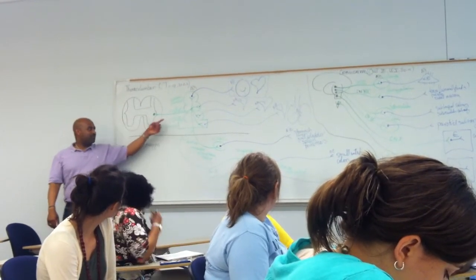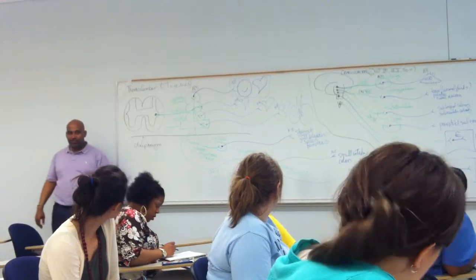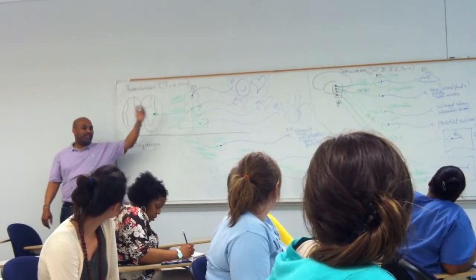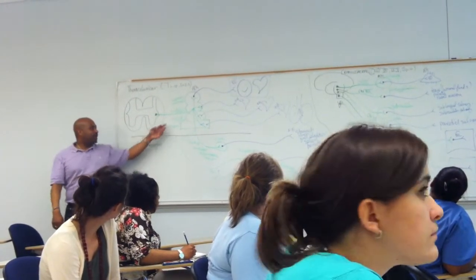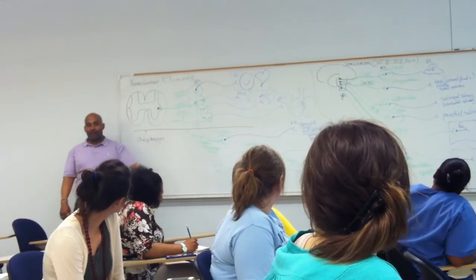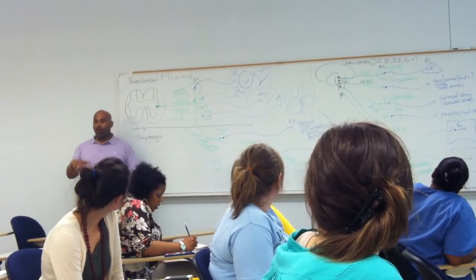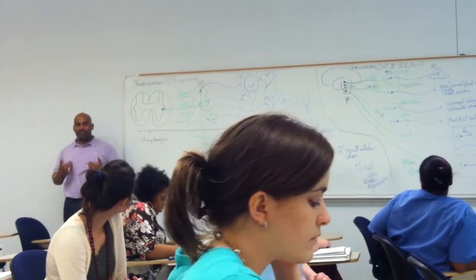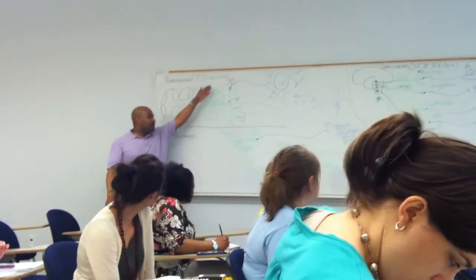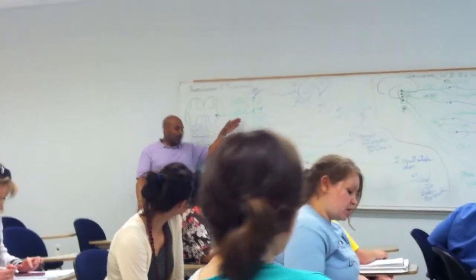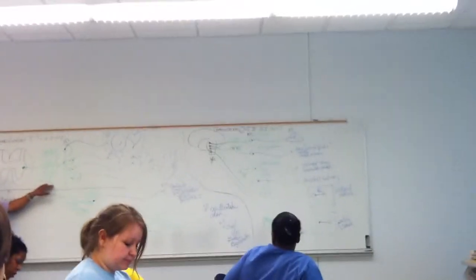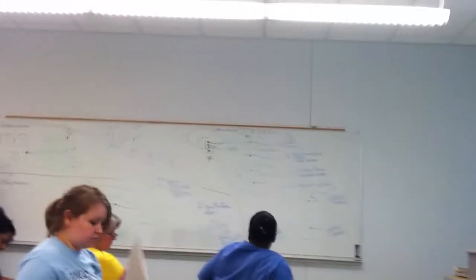If it synapses in the inferior cervical, the postganglionic extends to the heart. If it synapses in the thoracic, the postganglionic extends to the heart or the lungs.